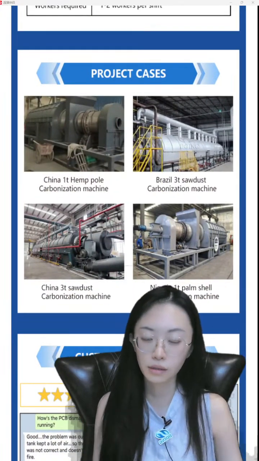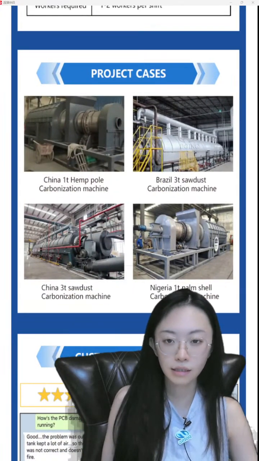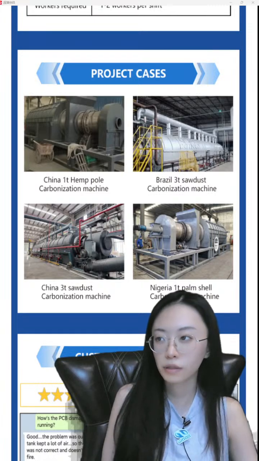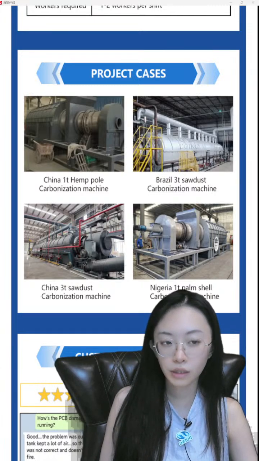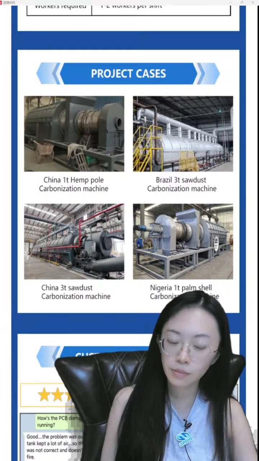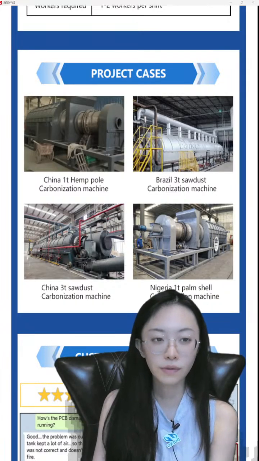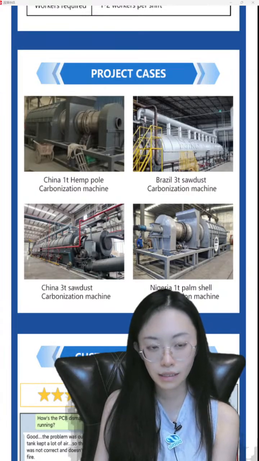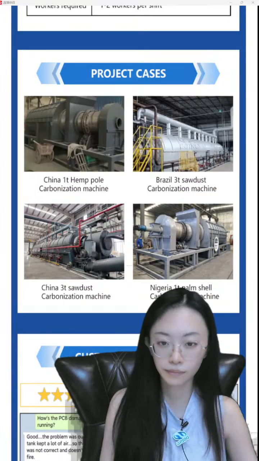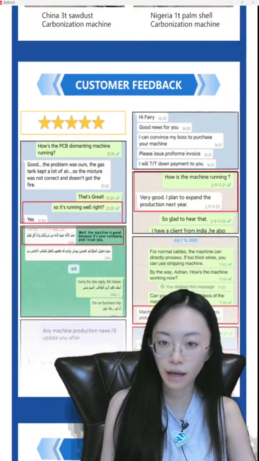And here are the different project cases. Now we have customers for pyrolysis plants and carbonization plants in more than 120 countries, so it's very convenient for you to visit our project cases and see the details of the processing line. Here's some feedback.